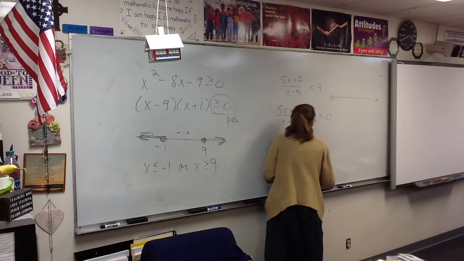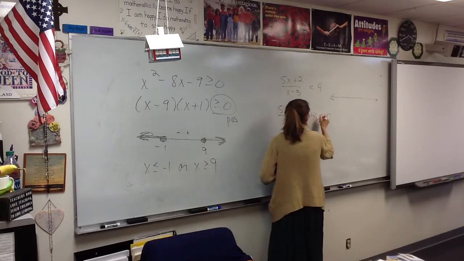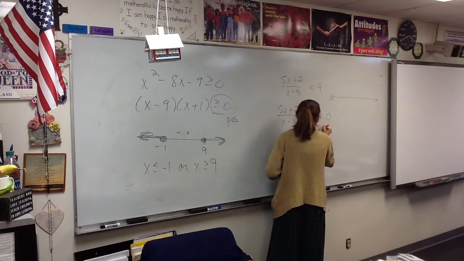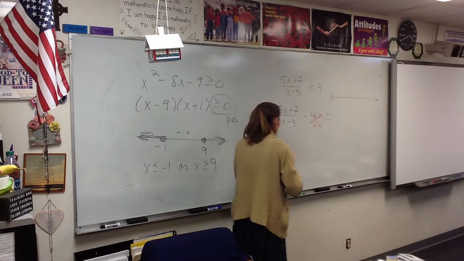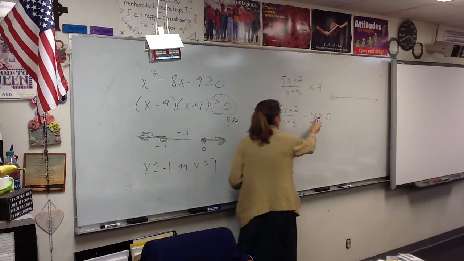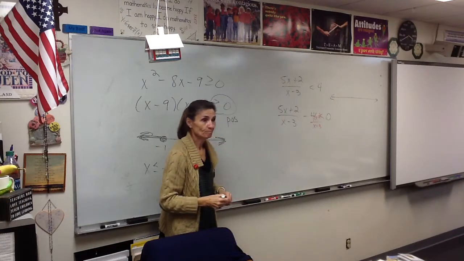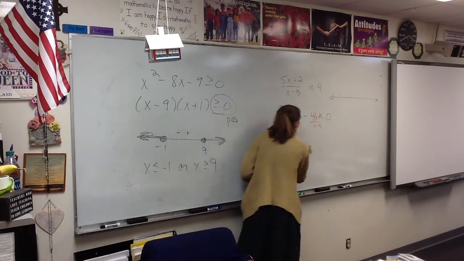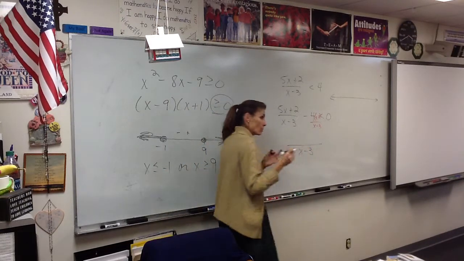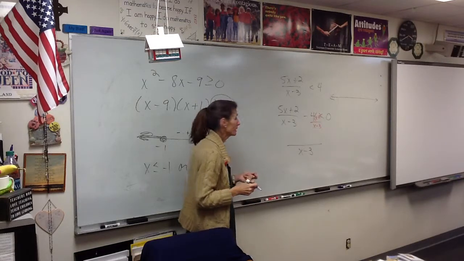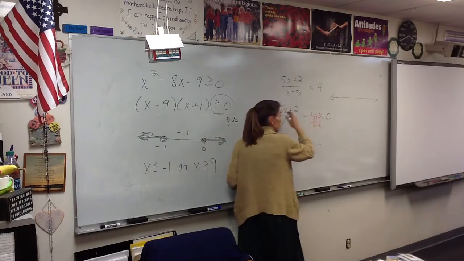4 is 4 over 1. We need 1 fraction. So we'll multiply this one by x minus 3 over x minus 3. Now our denominator is the same. And we're going to distribute in the numerator.